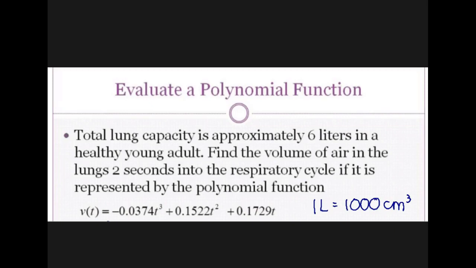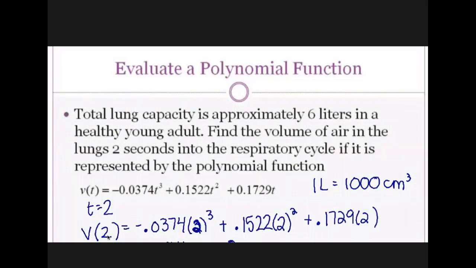So what I would have you do is take your calculator out, take the number 2. Function notation says at time t equals 2, we're going to take every t value and replace it with 2 and plug it into that equation.